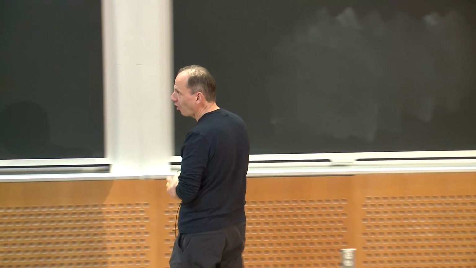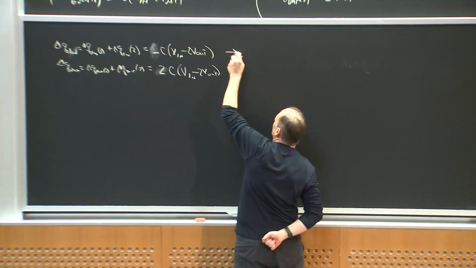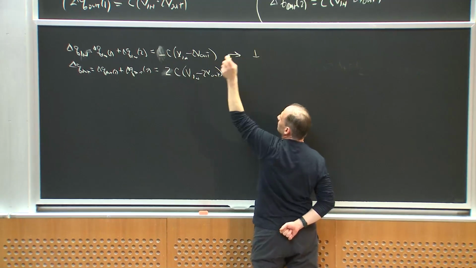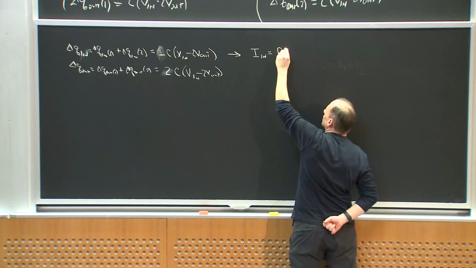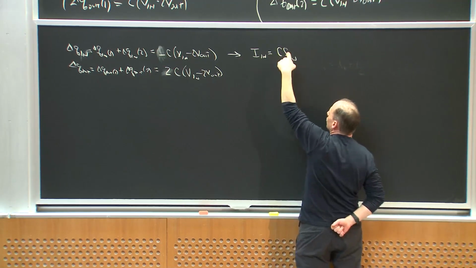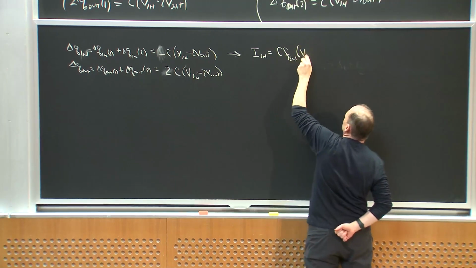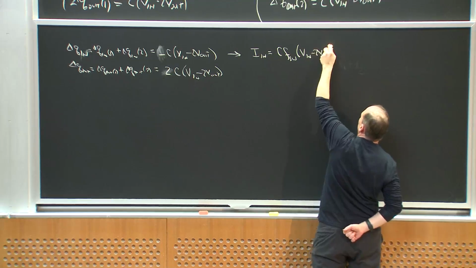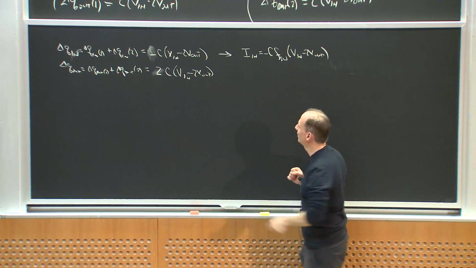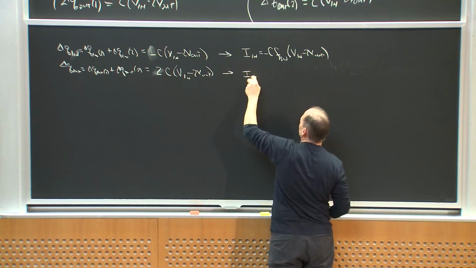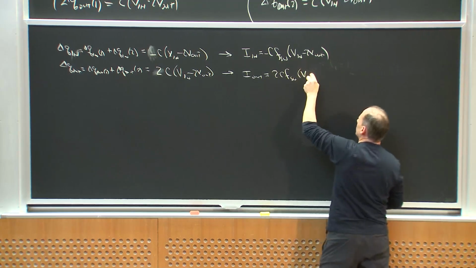So the average in periodic steady state, I could infer from this, is that I in is equal to C times the switching frequency, that's 1 over the period, times V in minus 2 V out. And I should put my minus sign here. And this is the current going into the input, right? And likewise, I out is equal to 2C F switch times V in minus 2 V out.